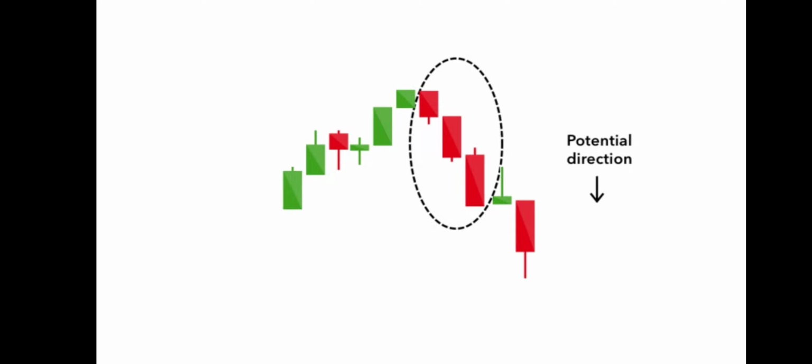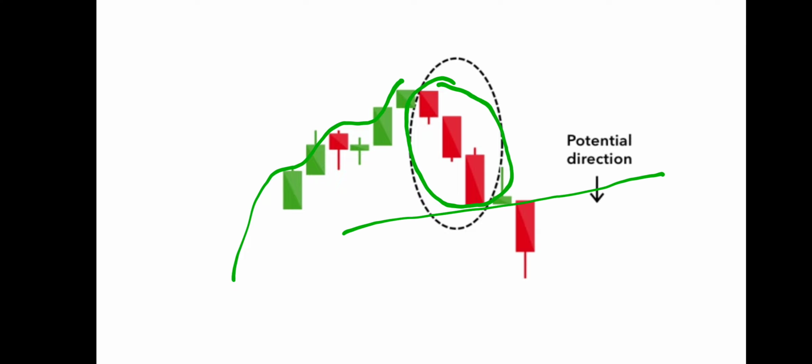When after a strong uptrend you see three continuous bearish candles form, and these candles make lower lows and lower highs, then it is a sign of strong reversal, and you will see the strong reversal here. You can sell and you can get a profit over there.